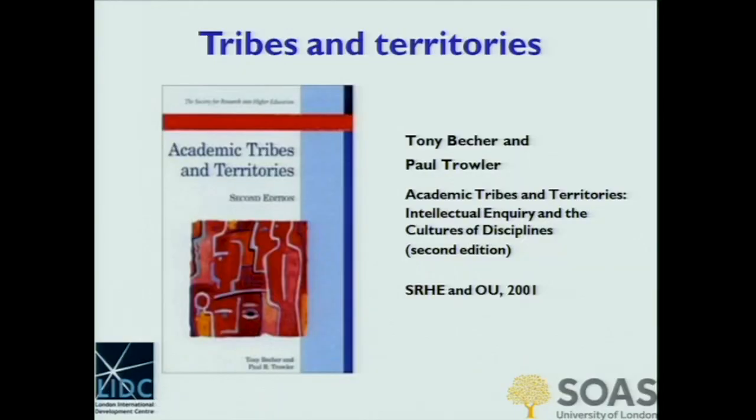This is an absolutely great book that you must read if you're interested in interdisciplinarity, and it basically analyzes science as a set of disciplinary tribes that are strongly territorial. And the metaphor should be taken pretty literally.